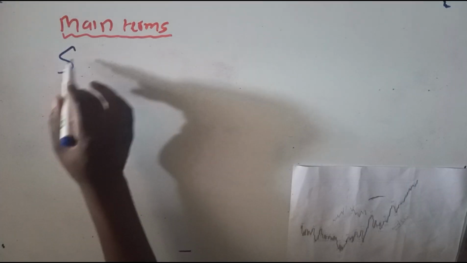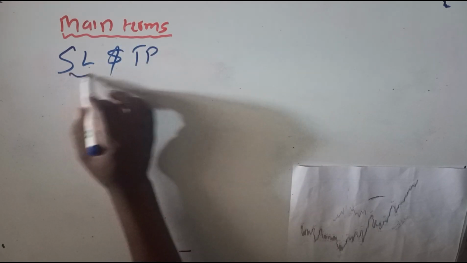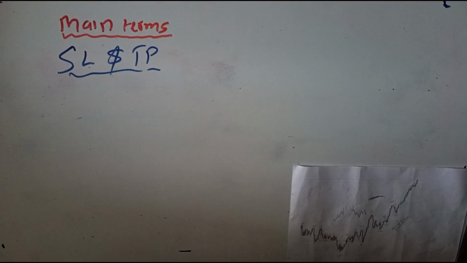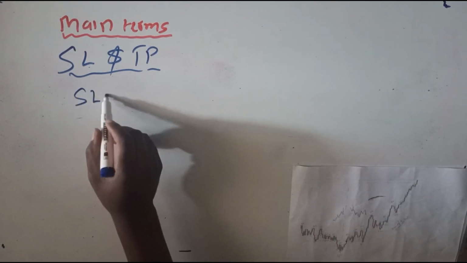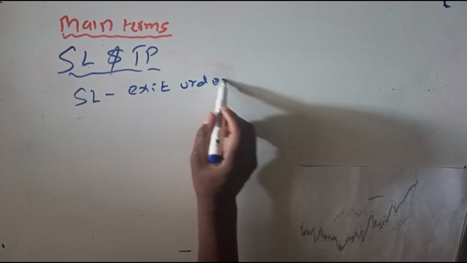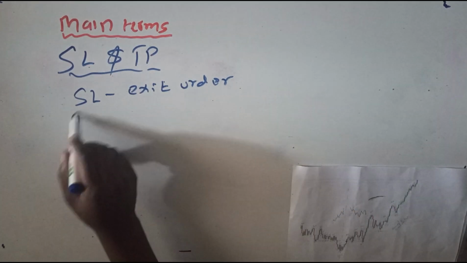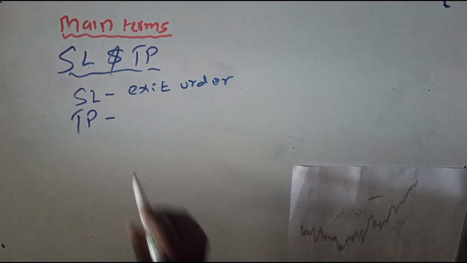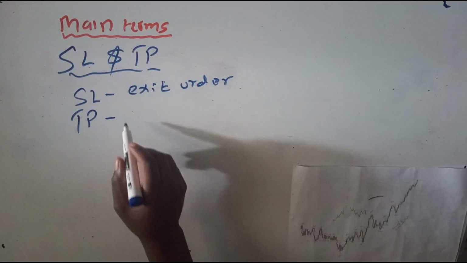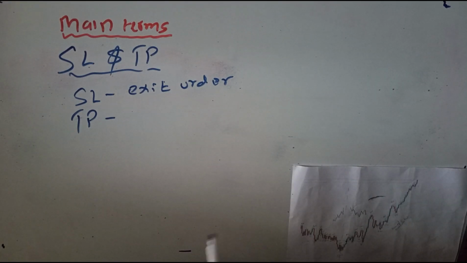Let's now quickly go through the stop loss and take profit. Stop loss is an exit order. And take profit is a point where you take your profit.